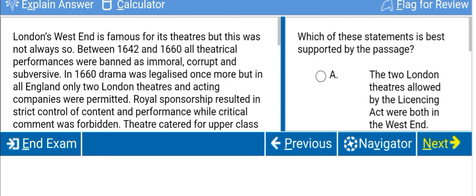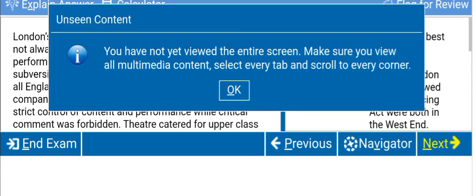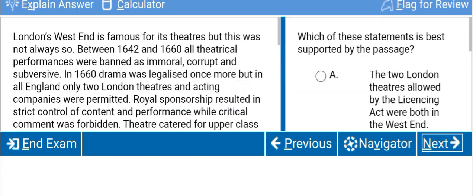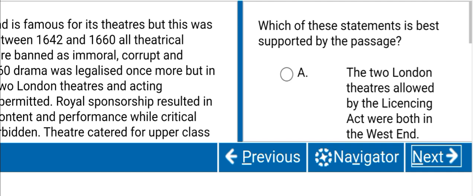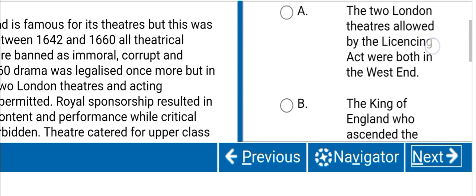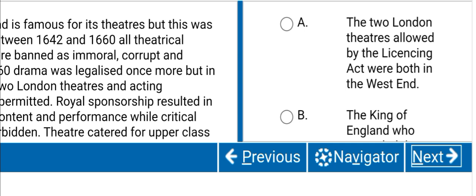Next, we have question number 17: which of these statements is best supported by the passage? Option A, the two London theatres allowed by the Licensing Act were both in the West End.